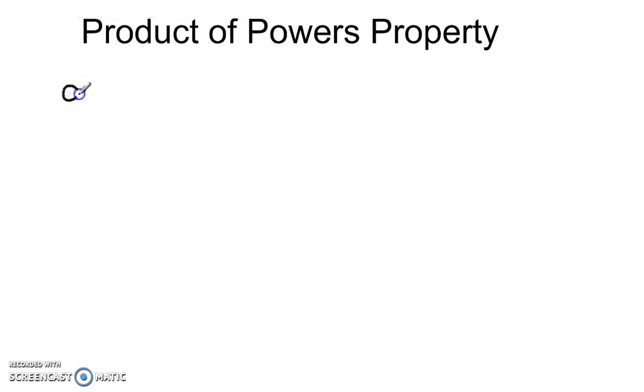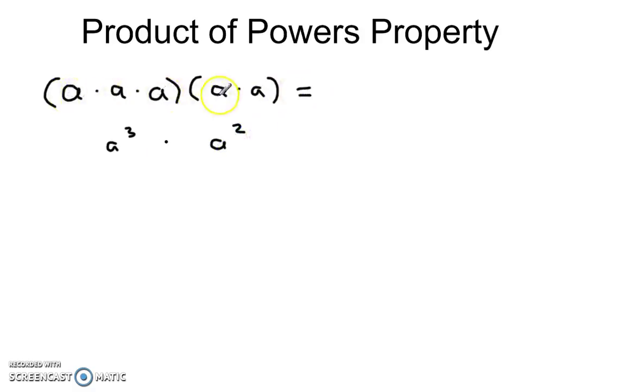Okay, if we want to have the product of powers property, then we will look at some products. So A times A times A, that's A to the third. And if I multiply that times A squared, I get 1, 2, 3, 4, 5, A to the fifth.